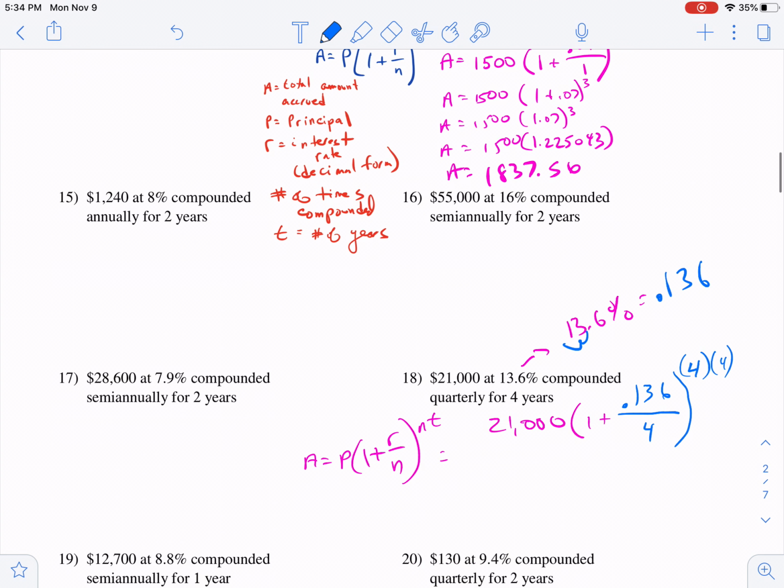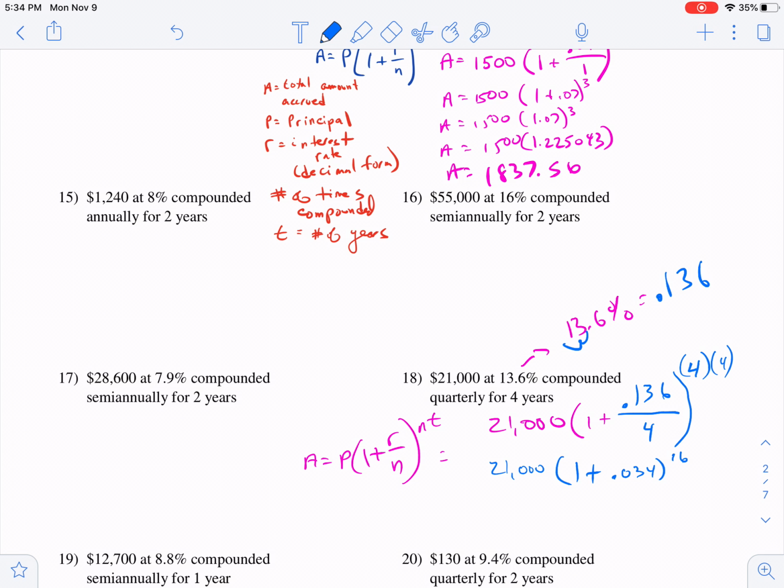So rewriting this, I get 21,000 times 1 plus 0.136 divided by 4, which is 0.034. So 4 times 4 is the 16th power.